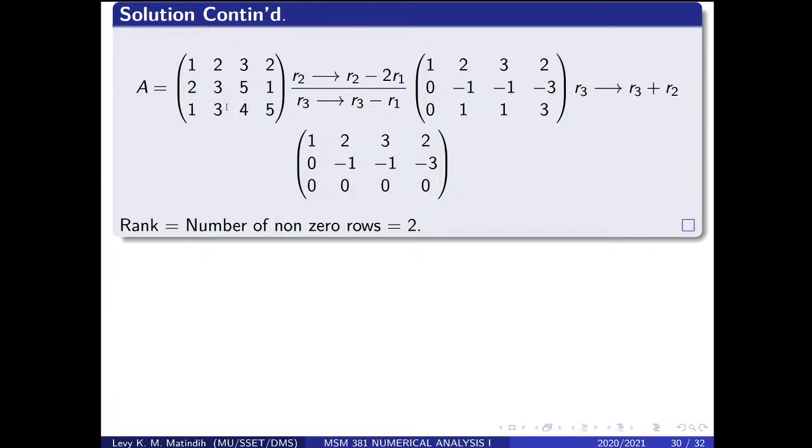Sometimes it can be the entire row of zeros, it doesn't matter, but all we need to do is make it upper triangular.